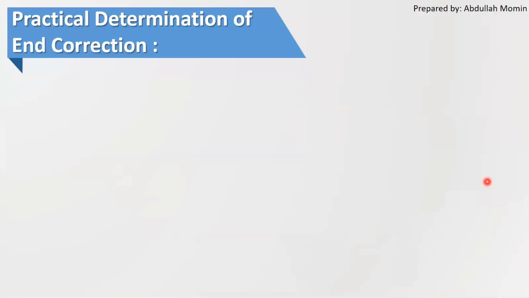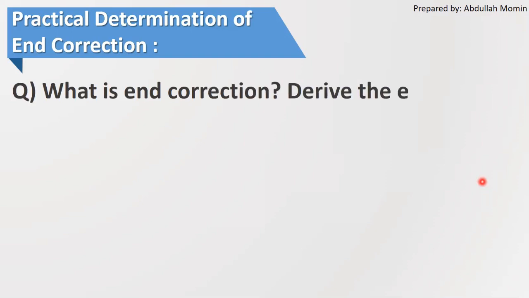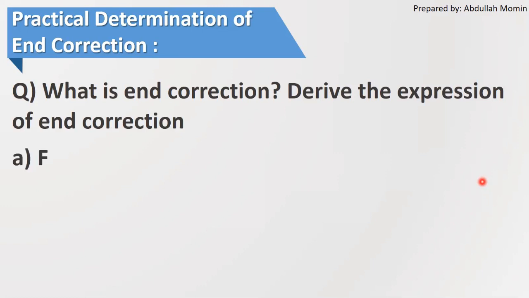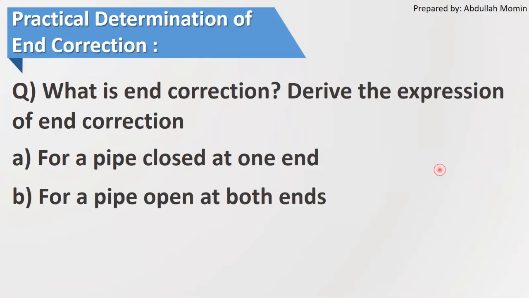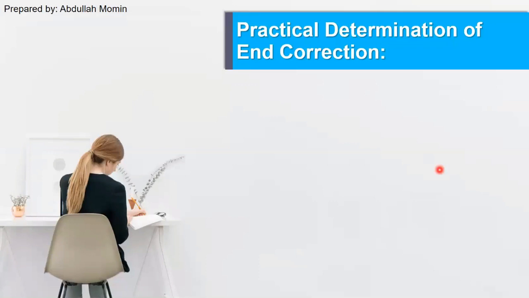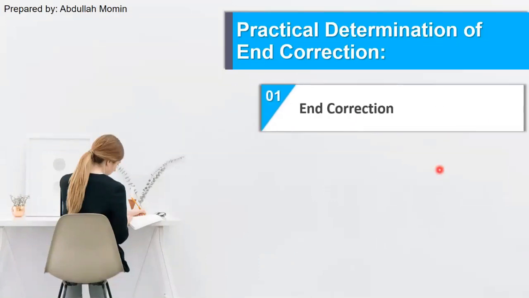Now the question may be asked on this topic like this: what is end correction? Derive the expression for end correction, A, for a pipe closed at one end, and B, for a pipe open at both ends. So in this video, first we are going to see the definition of end correction.